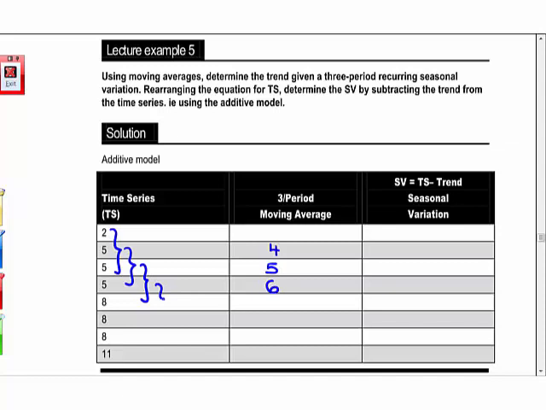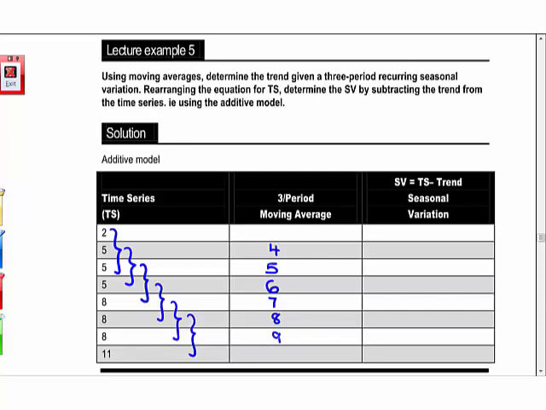And then the next one is going to give us an average of 7. An average of 8. And you carry on until you've run out of numbers to average. So here then we can see that we have the trend is increasing by 1 each time.